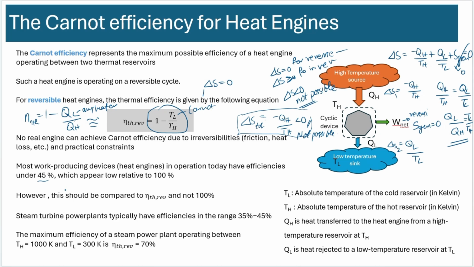Some combined power plants touch close to 60%, but typically 35 to 45%. For motorcycle engines, car engines, and all IC engines, maybe 20 to 30%. So 100% is not possible, and at a particular temperature of the high temperature source and of the low temperature sink, the best possible efficiency is given by this equation. So this is a heat engine.